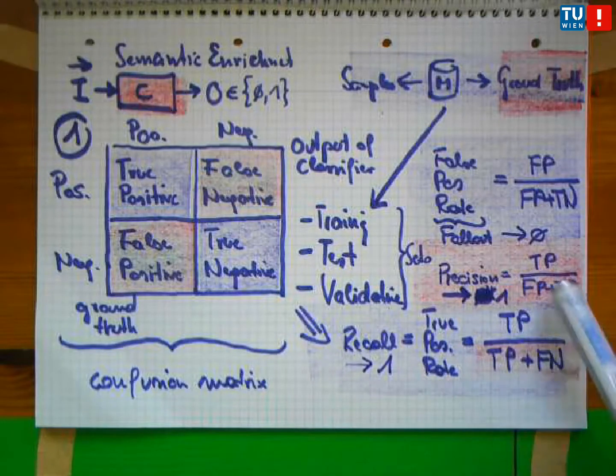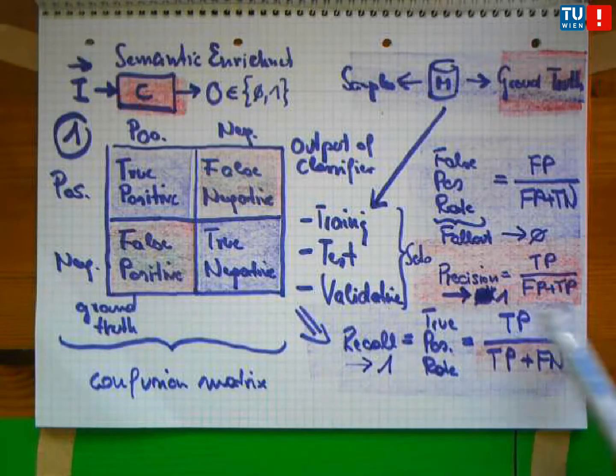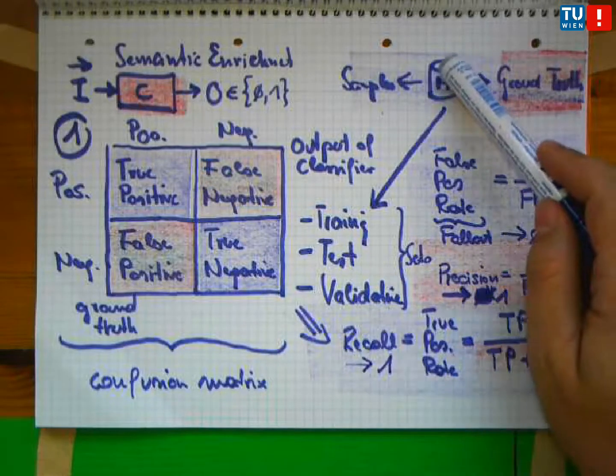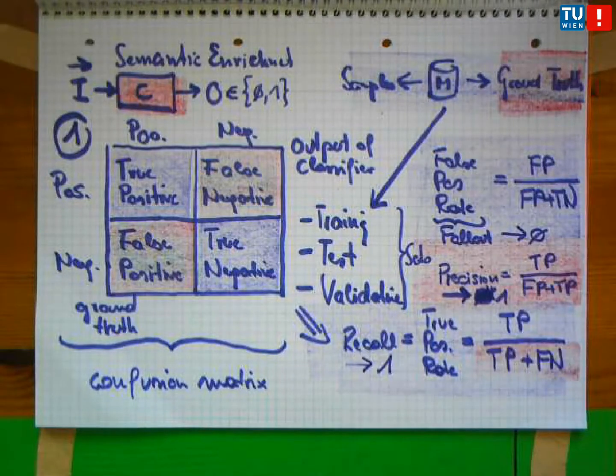But that's, of course, not desirable. On the other hand, you can also have a perfect recall while giving up any form of precision. As I said, with the false positives rate, if you just classify everything as relevant, your recall will always be 100%, but that is not desirable.